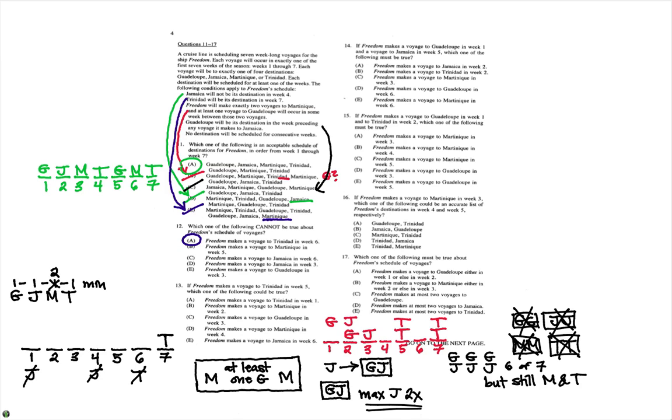So now we can try to place our trip to Martinique. You notice that Martinique in the first scenario where Jamaica is in week 3 and Guadeloupe is in week 2, well, M has to be 1 or 4 or 1 or 6. So you notice either of those scenarios, M for sure is going to be in 1.